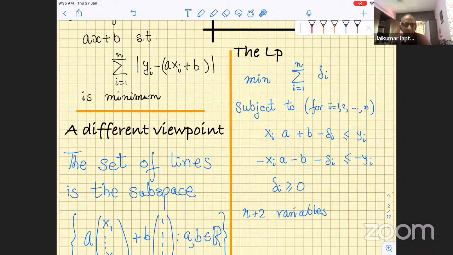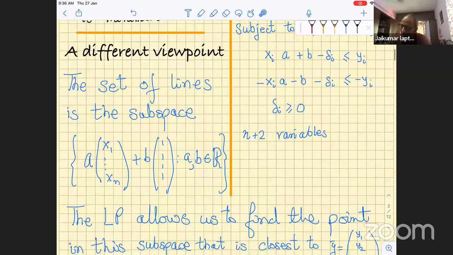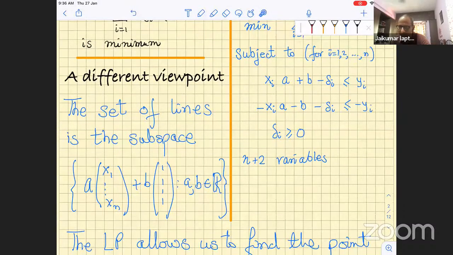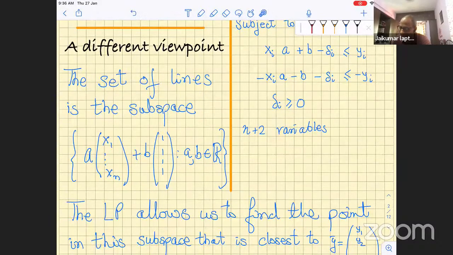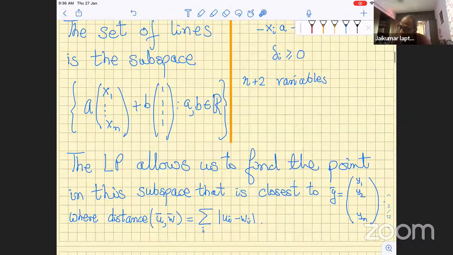the variables. Okay. And last time I just tried to give a slightly different point of view to what is happening in this problem. I mean, this is the LP and this is the end of the story as far as LP is concerned. But you can also view it like this, where you have a subspace generated by these two vectors. Okay, so this would normally be a two-dimensional subspace. Yeah, two-dimensional subspace, and we are trying to find that point which is closest to the given y1 to yn. Okay.